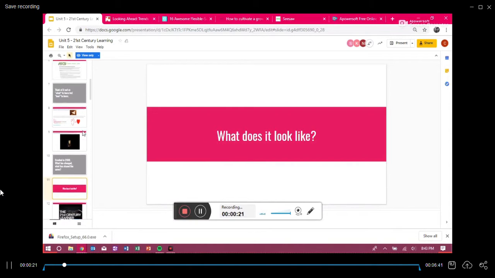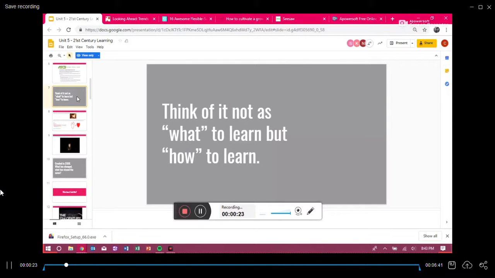Something we need to really focus on is not what we need to learn, but how we can learn it. A lot of times teachers are afraid to use technology because they are afraid it will cause a distraction in their classroom, but a lot of times it can enhance a student's learning if they know how to use that particular piece of technology in their classroom.